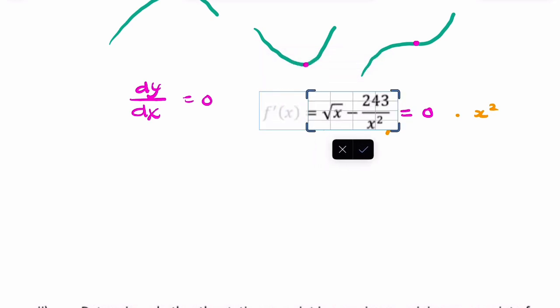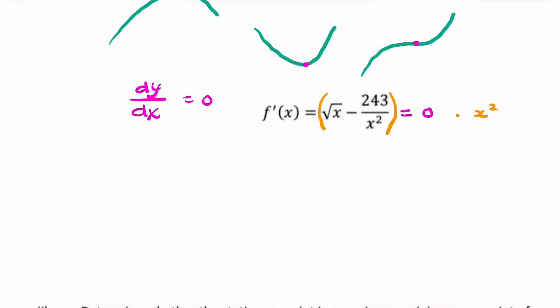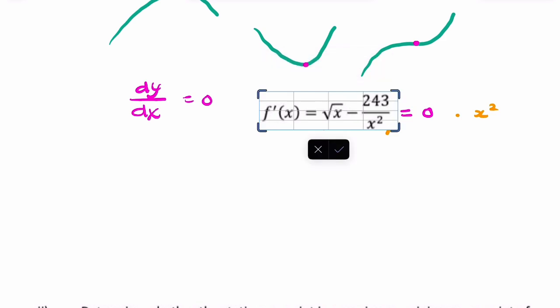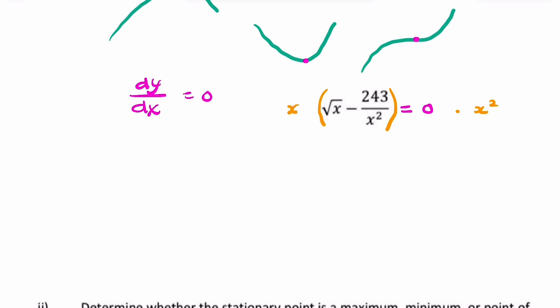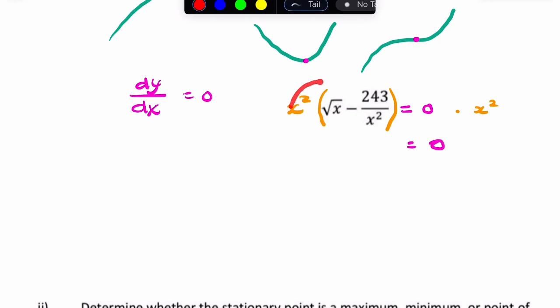So if you multiply both sides by x squared, we can effectively eliminate x squared from the denominator. So the right-hand side will just be 0. And on the left, you'll have x squared multiplied by square root of x.